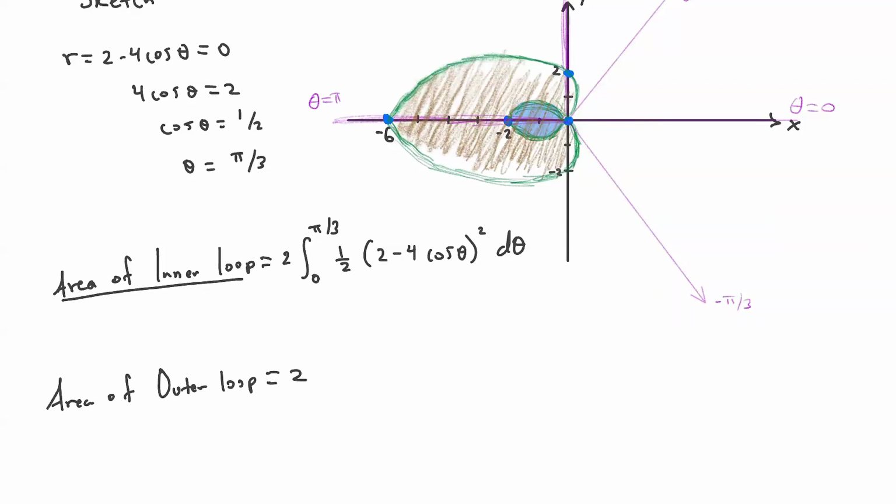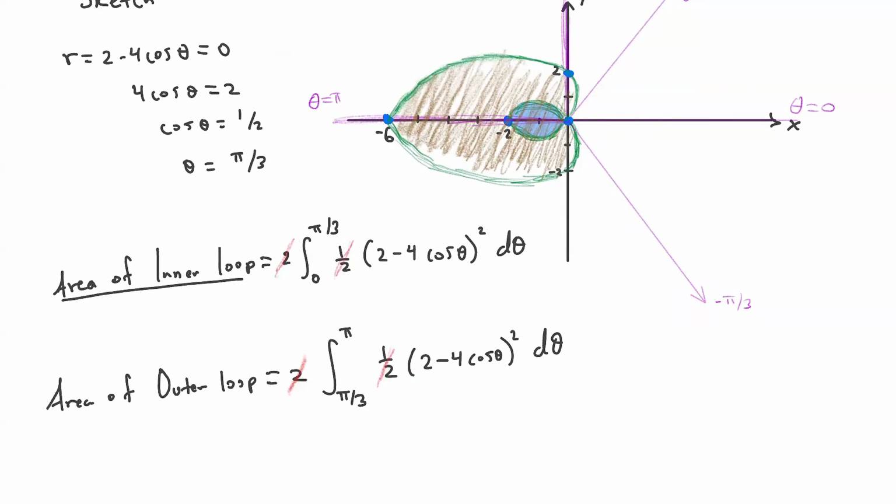So I'll use symmetry as well. Is the integral from pi over 3 to pi of 1/2 and then 2 minus 4 cosine theta, squared, d theta. Hopefully you guys agree with that, right? I'll pause here for a couple of seconds. By the way, the 1/2 and the 2 cancels out in every expression here, which is nice.